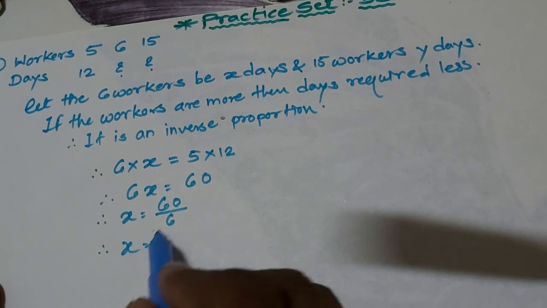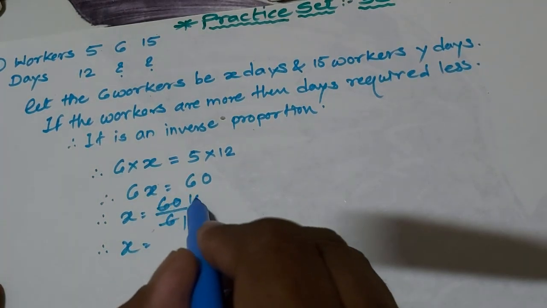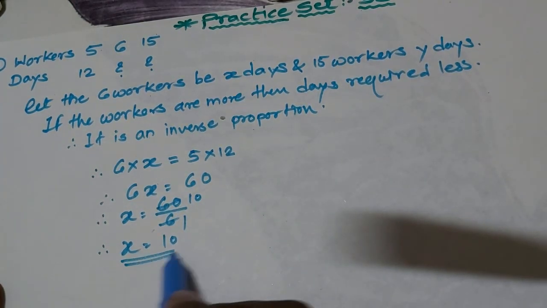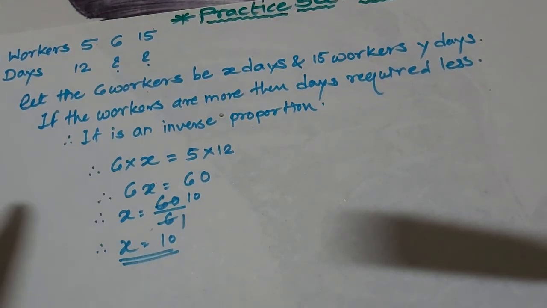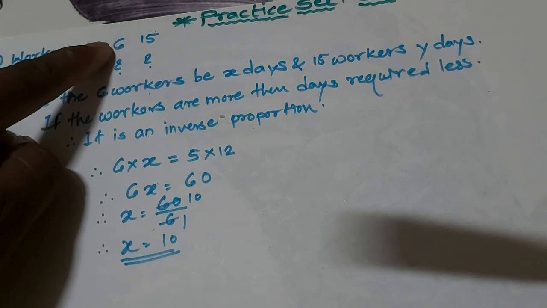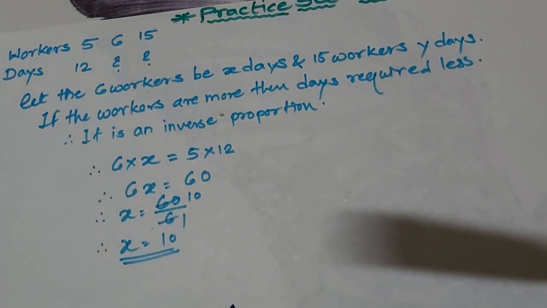Therefore x is equal to 60 by 6, which is 10. So we got the x value: 6 workers take 10 days.